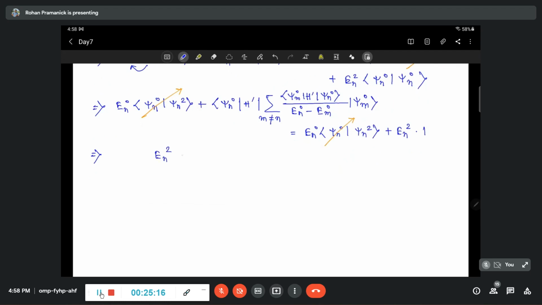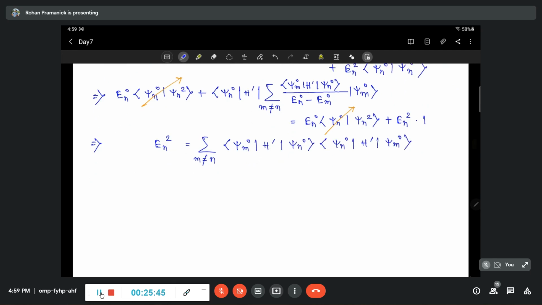So this is En2 equals the sum over m not equal to n. We can pull this out of the thing outside: psi m0 H prime psi n0, and the rest is psi n0 H prime psi m0.